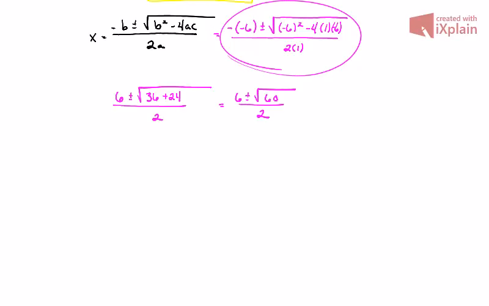At this point, I'm going to hop into my calculator and do some decimal approximations. 6 plus square root 60 divided by 2 is going to give me about 6.873 if I round to the thousandths place. 6 minus the square root of 60 divided by 2 is going to give me about negative 0.873.